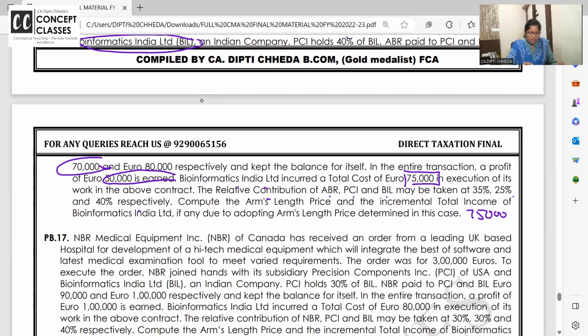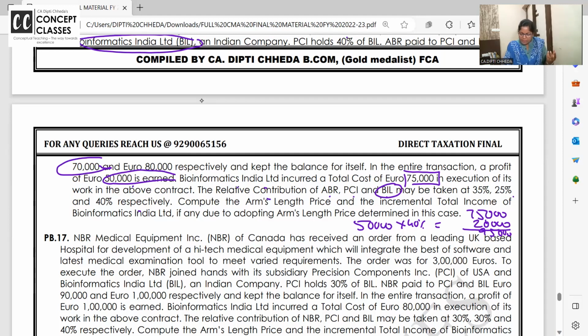So what is the total profit? 50,000. In that, how much is the profit of BIL? 40%. That is 20,000. Right? So we should have quoted, see, the cost of BIL is 75,000. Total profit 50,000.